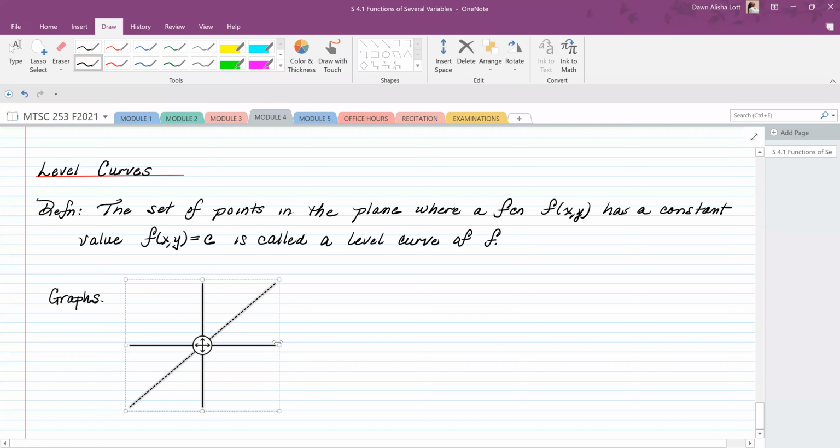And here's a level Z is equal to some number C. So at that point, there may be a curve of the function exactly at that height, for f of x, y, exactly equal to C.